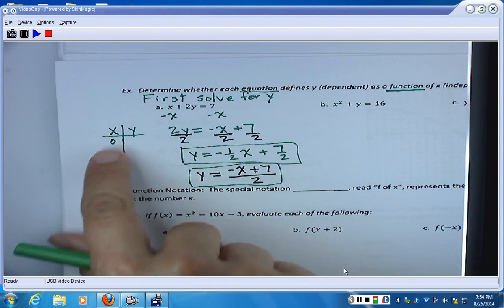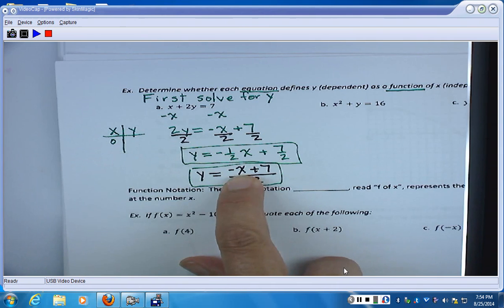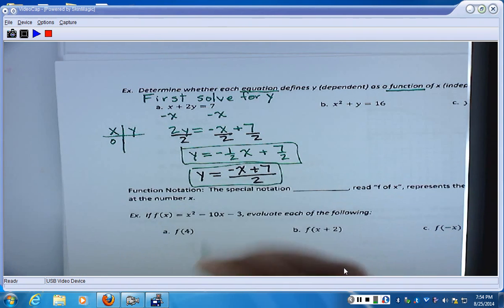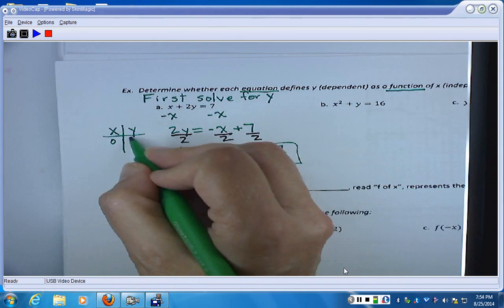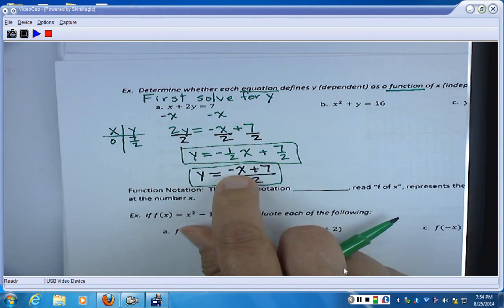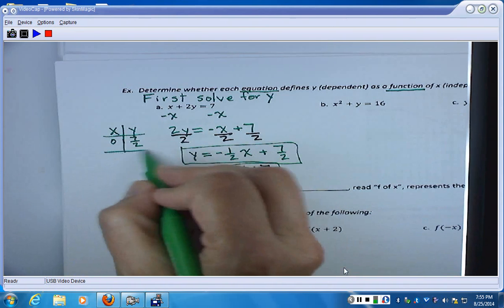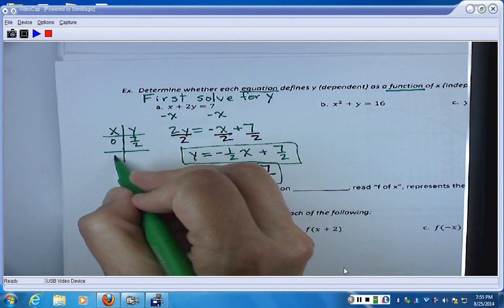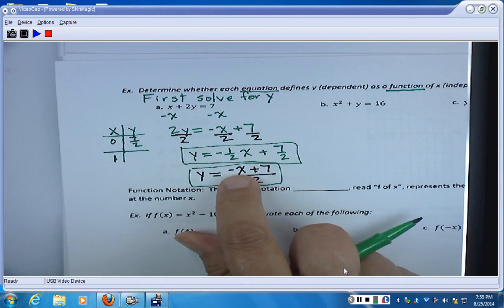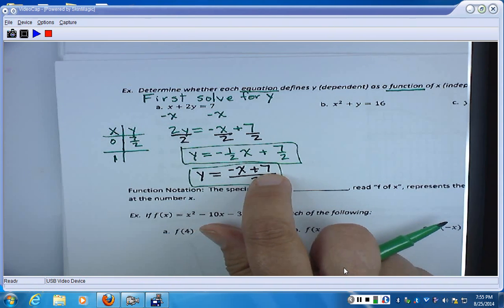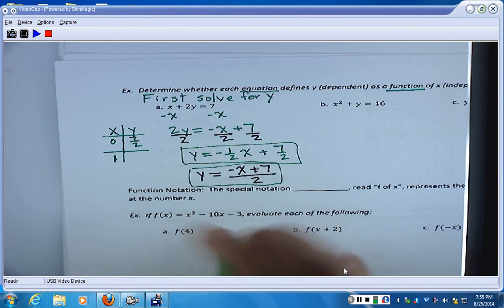So when I put in 0 here for x, I get 7 divided by 2. I just get 7/2. There's no way I can get two numbers. This is what we're checking to see. Can I get two numbers when I put in 1 for x? You get negative 1 plus 7 is 6, divided by 2 is 3.